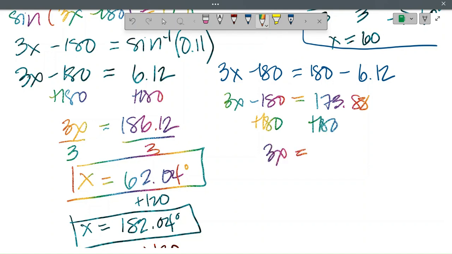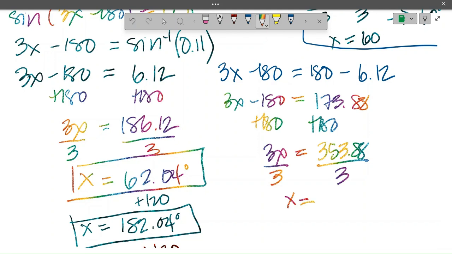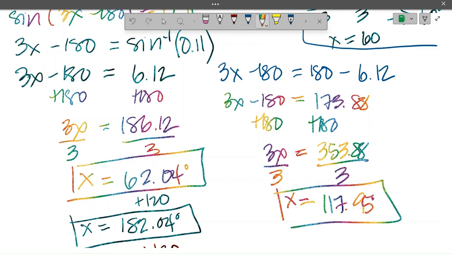When I do that, I get 3x equals 353.88 degrees. And now I'm going to isolate x by dividing by 3 on both sides. And I get 117.95 degrees. That value falls within our domain.